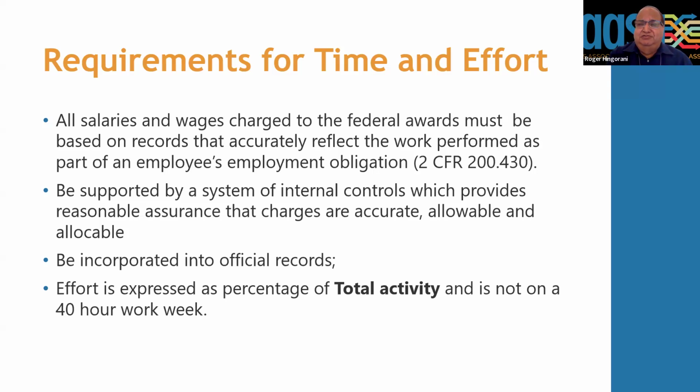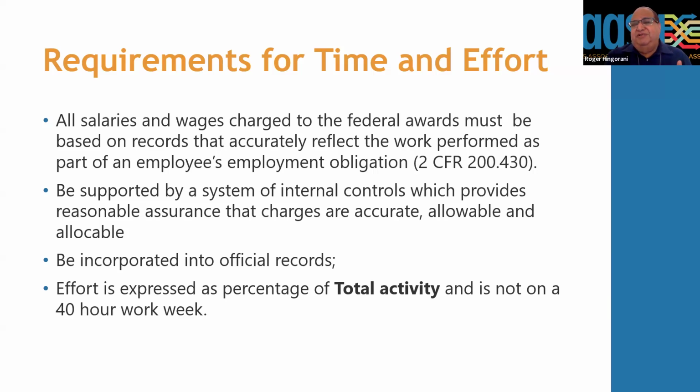But when the new 2 CFR 200 came out, it basically put a lot of emphasis on internal controls. The grantee is now more responsible to show how they were able to allocate the costs, the payroll costs, to the appropriate funding source.